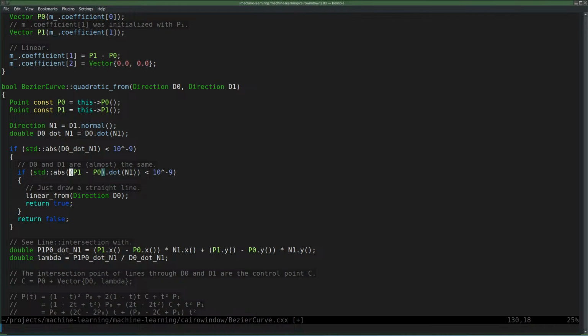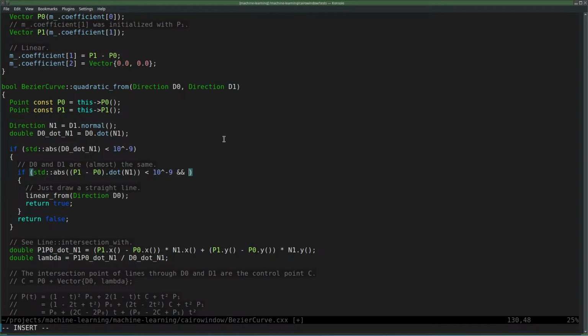Absolute value of this, dot again with the normal of D1. That's a straight line.